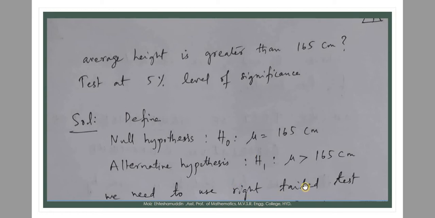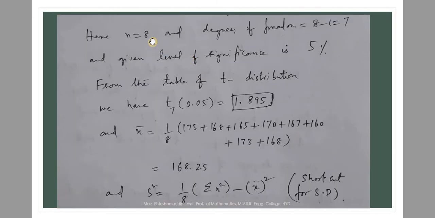We need to use a right tail test because we are talking only about mu lying on the right side of 165. Here n is equal to 8 and degrees of freedom are n minus 1, that is 8 minus 1 = 7, and the given level of significance is 5%. From the table of t distribution we have t7 of 0.05 is equal to 1.895.